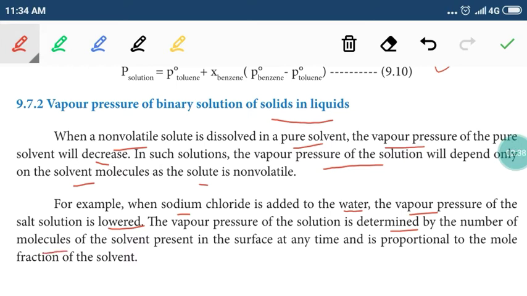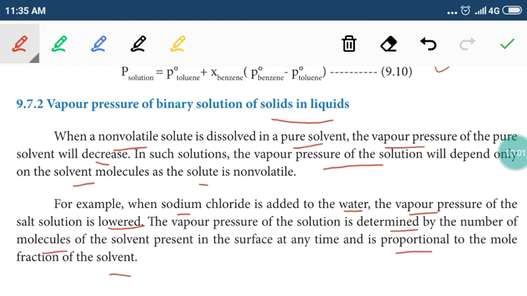So vapor pressure depends on how many molecules are present on the surface. Here, out of two components, only one component, the solvent, is volatile in nature. So how many solvent molecules, that means water, are present on the surface will decide the vapor pressure of the solution. So the vapor pressure of the solution is proportional to the mole fraction of solvent.